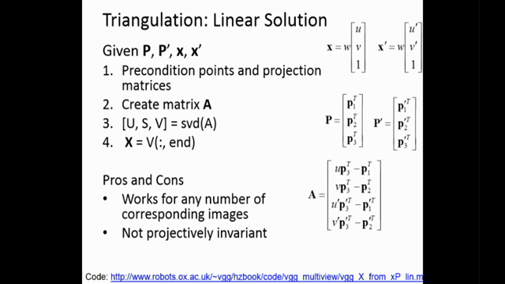The downside of this is that it's not projectively invariant. So it's the same problem that we had trying to estimate the fundamental matrix, that we're solving for these matches, and we're solving for this projection in homogeneous coordinates, and it doesn't correspond to the reprojection error, which is really what we want to optimize.